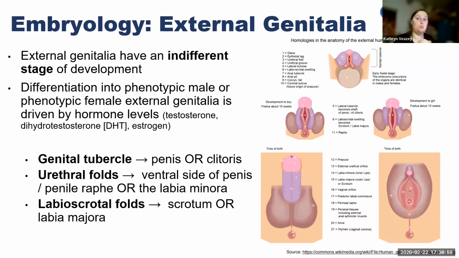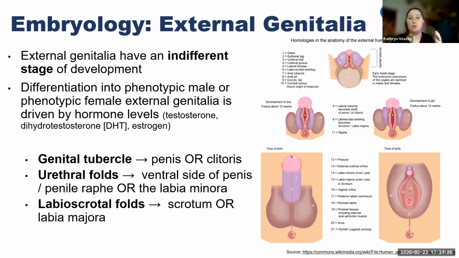By the time you're getting into week 8, give or take, you've pretty much decided which of these paths you're going to go down. So you start the process of more differentiation, and you start forming things like the two ductal systems, the mesonephros duct and the paramesonephros duct. You've determined which of those is going to be promoted and which is going to be inhibited to regress fully.